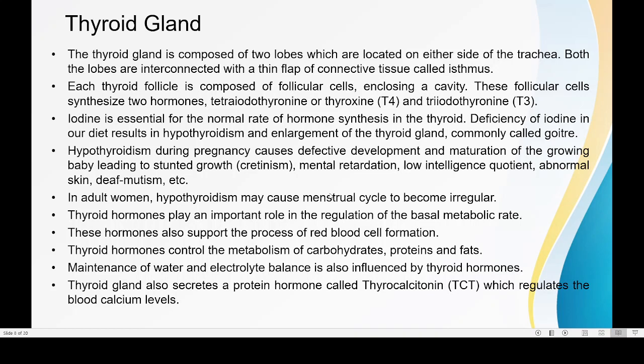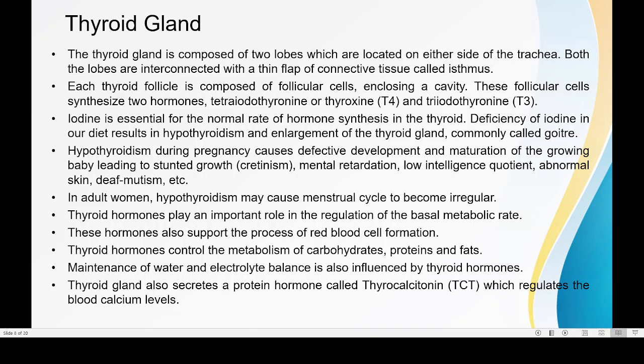Actually, hypothyroidism during pregnancy causes defective development and maturation of the growing baby, and that leads to a situation known as cretinism. I will show you how cretinism appears here. In cretinism, there is a low thyroid concentration in your body, and this low concentration leads to this case of cretinism.